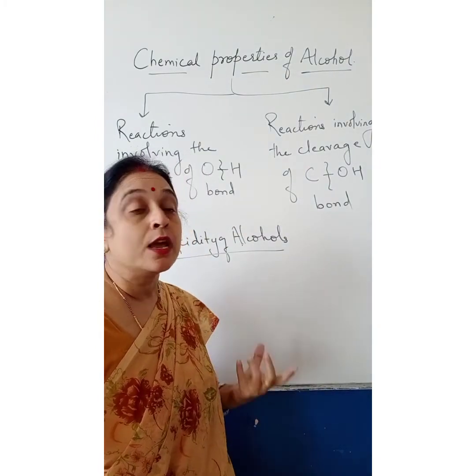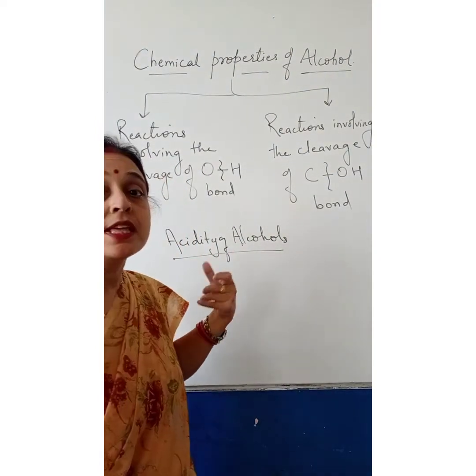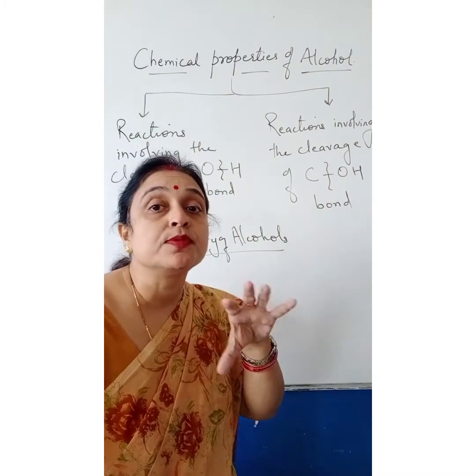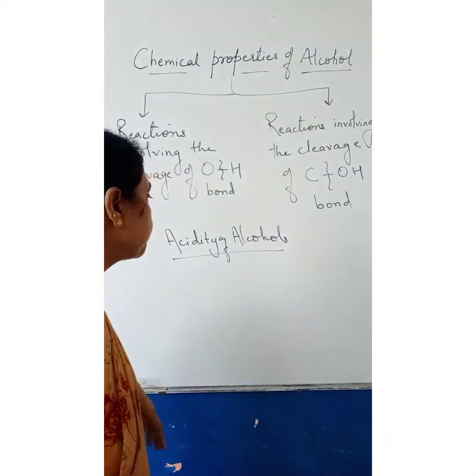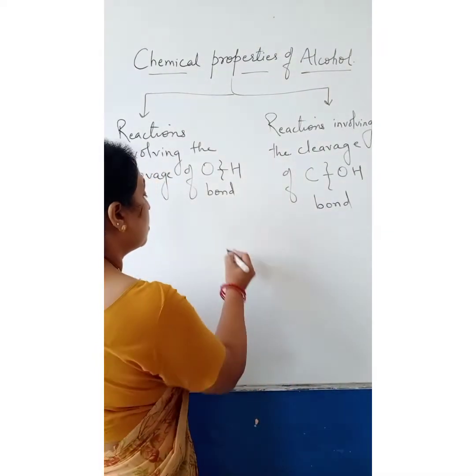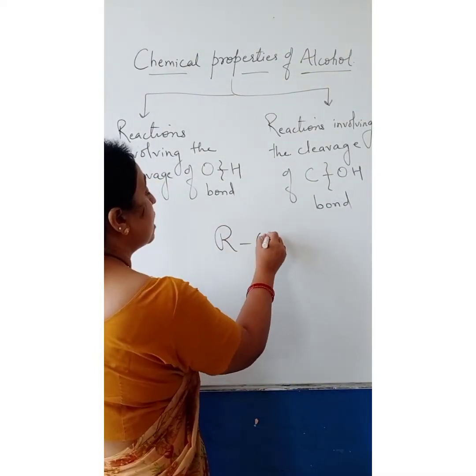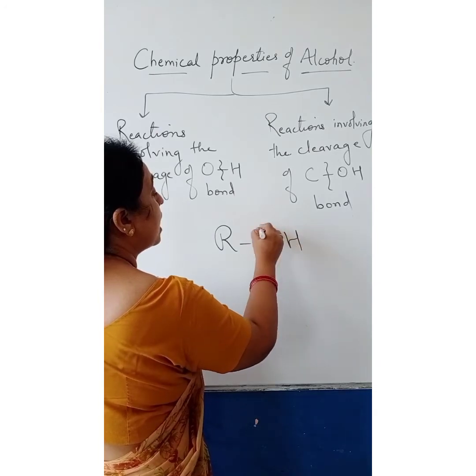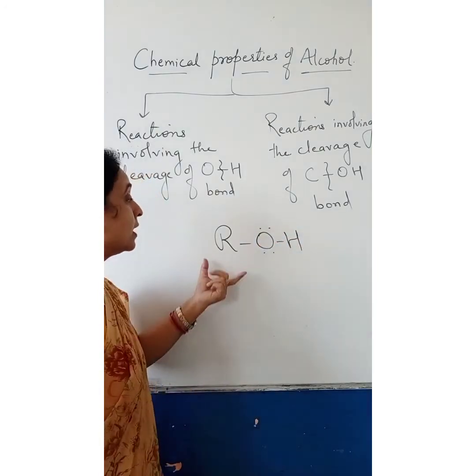Now let us see how these alcohols get affected by the groups which are attached to them. The general formula of alcohol is ROH.